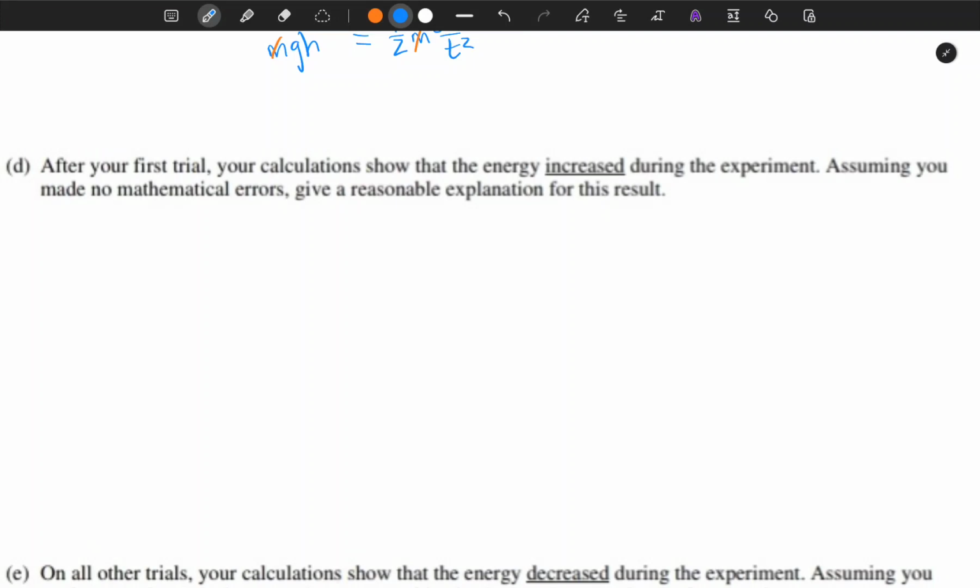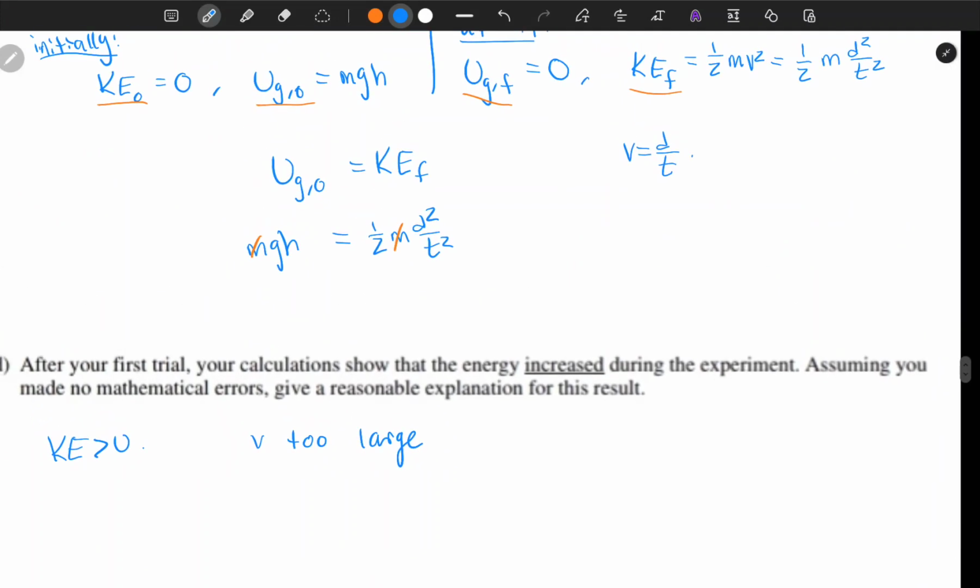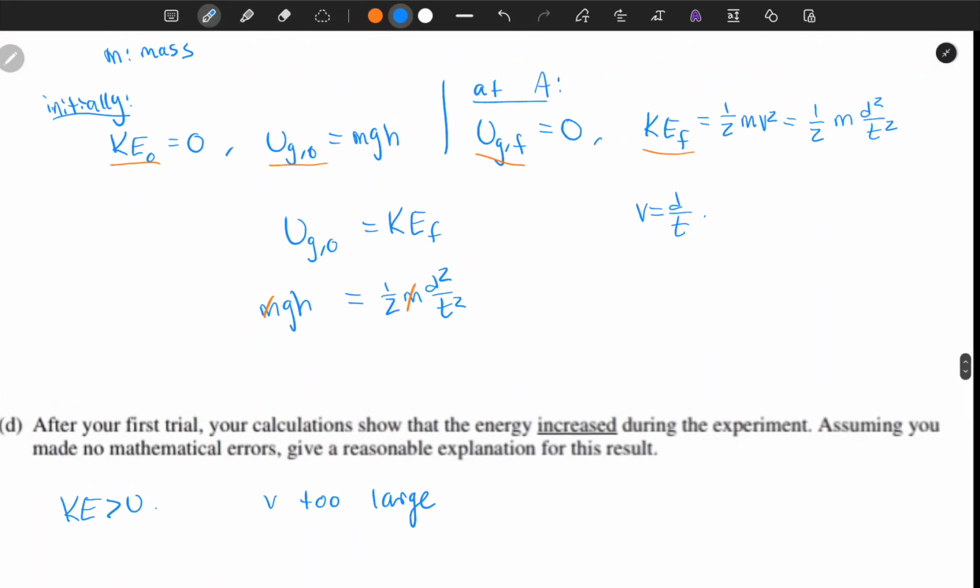Well, we found that KE is greater than U. So we've measured that v is too large. The velocity v is too large because otherwise this equality would hold, but it doesn't. So either h is too small or v is too large.